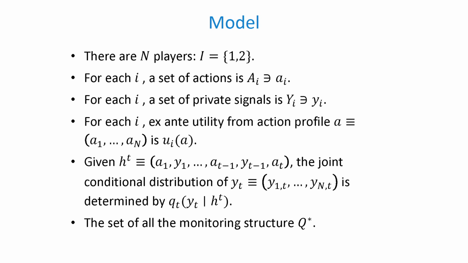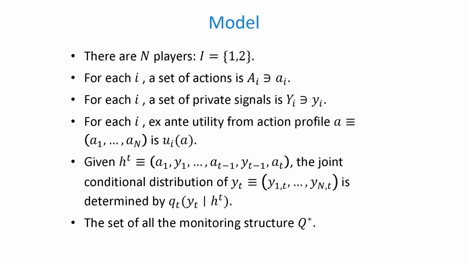And given the history, so this is what happened in period 1, what actions were taken in period 1, what signals were observed in period 1, etc., up to the previous period, and in period t this action profile is taken, then the conditional distribution of the signal profile of period t is determined by some conditional distribution function Q_t of this signal profile y_t given this entire history. So this monitoring structure is not necessarily repetitive or stationary, but could be history dependent.